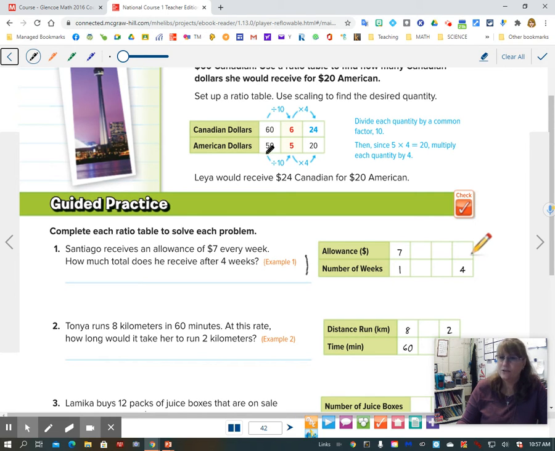We had to scale back because you can't divide 50 by anything to get 20. So we had to scale back to the 5. So we divide by 10 to get 5, divide 60 by 10 to get 6. Now I can take 5 times 4 to get 20, and I'll take 6 times 4 also and get 24. So that's 24 Canadian dollars for 20 American dollars.